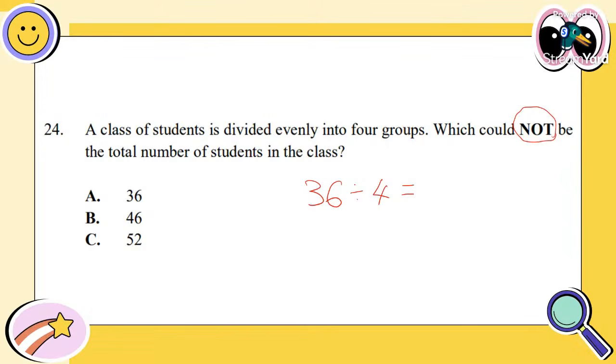How many groups of 4 can we get? People are saying 9. All right, good. 9 times.